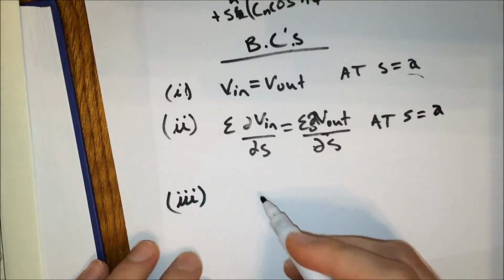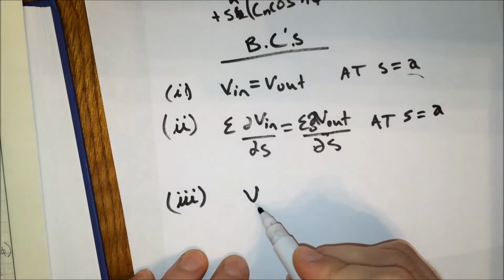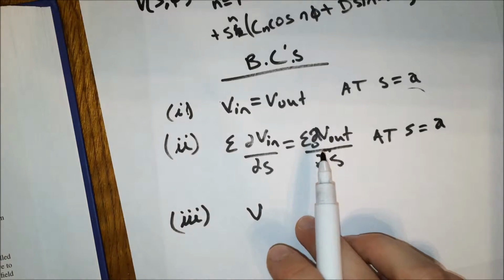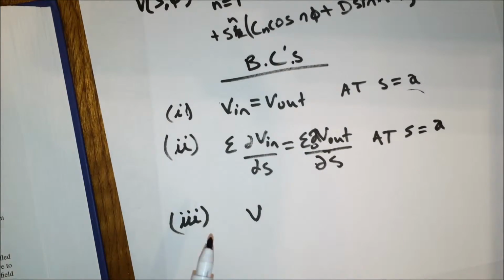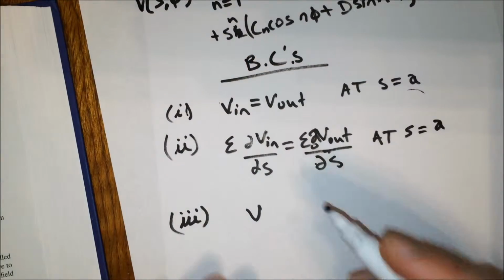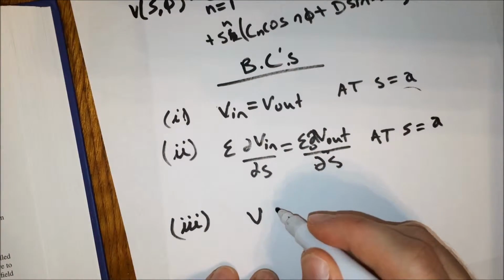Third condition, and these you can all figure out. I don't really quite understand this one. I actually used the example that's in the book, Example 4.7 in the 4th edition of Griffiths.